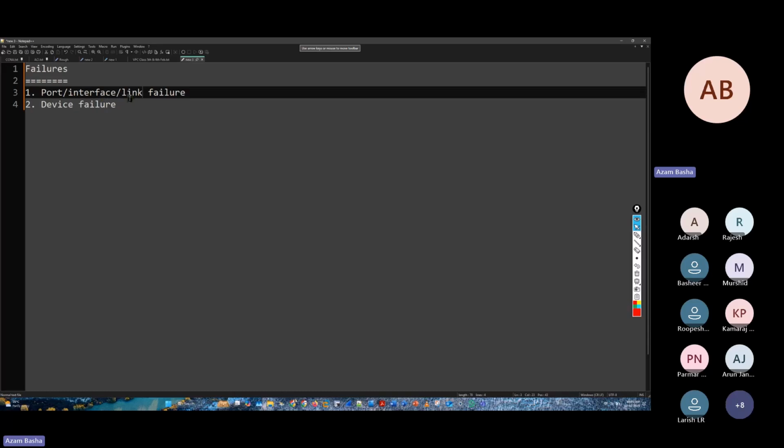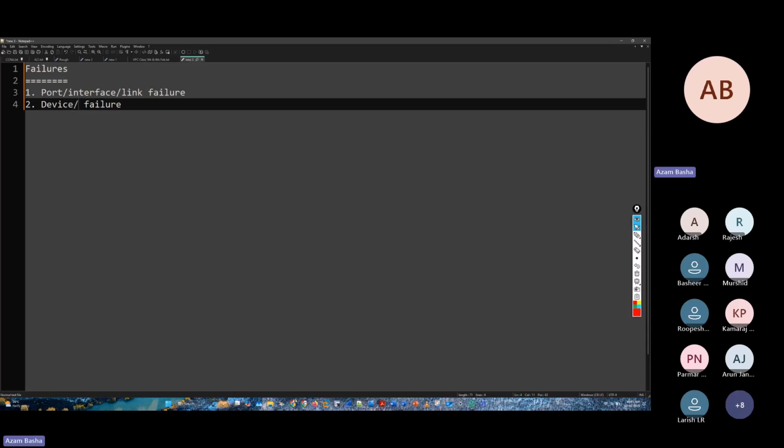The link is connected to the interface. The database of the server? All three servers will have the data content. Okay, the database server would be included under device failure, correct?